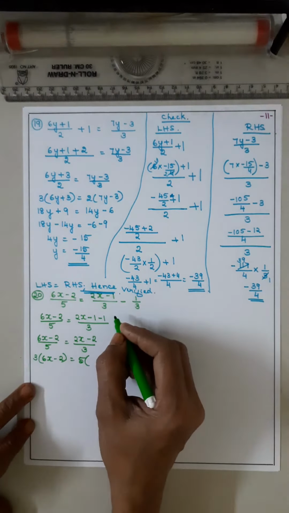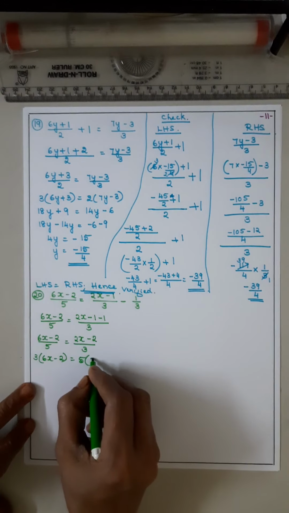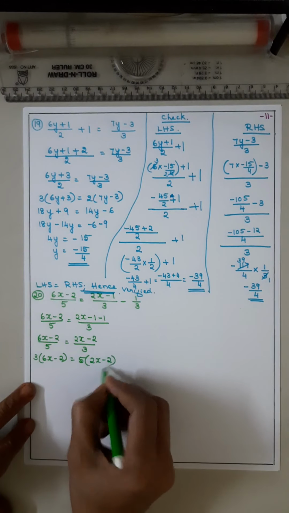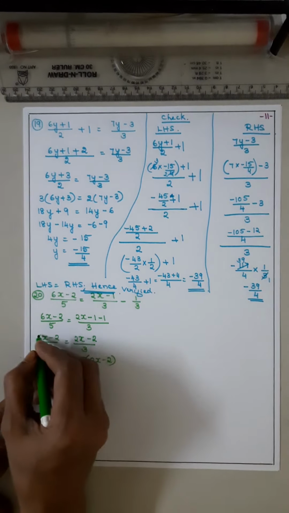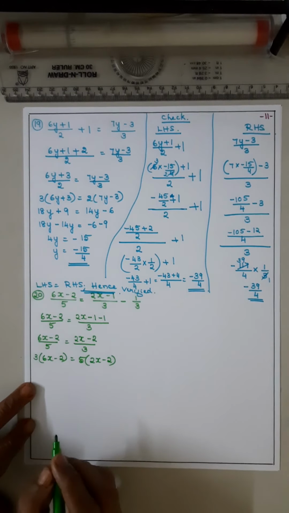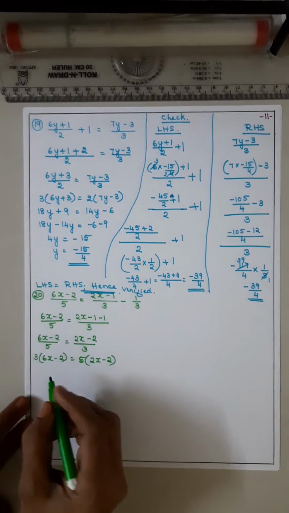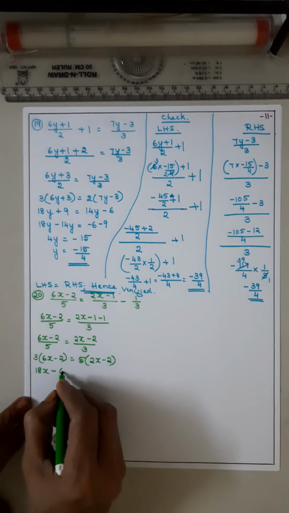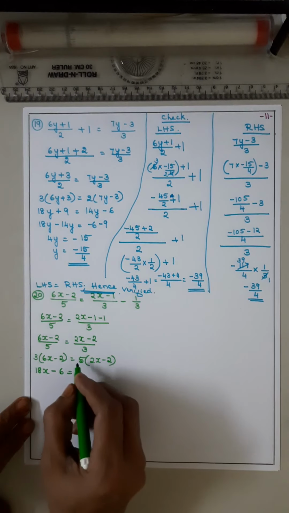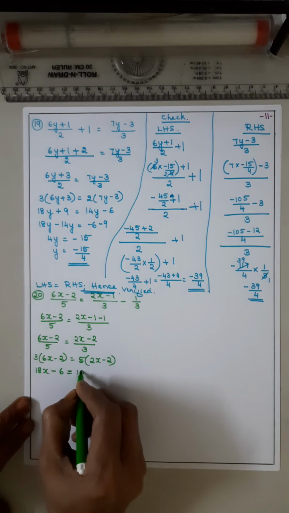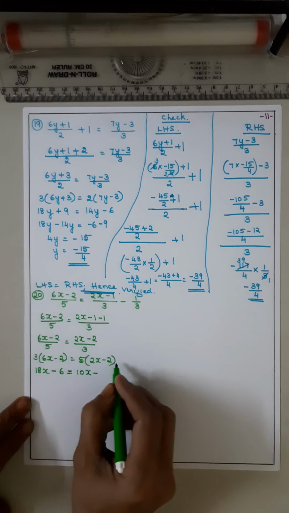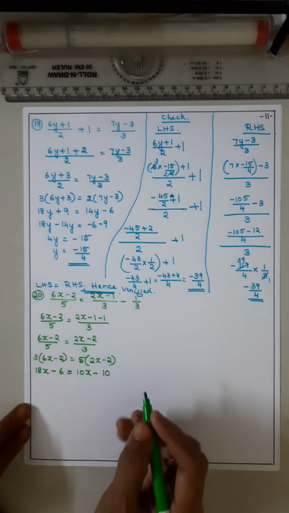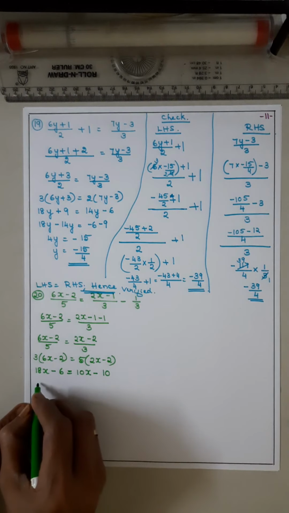Multiply the numerator of the RHS, 2x minus 2. 3 into this, 5 into the numerator. Okay, 3 6s are 18, x minus 3 2s are 6 is equal to 5 2s are 10, x minus 5 2s are 10.